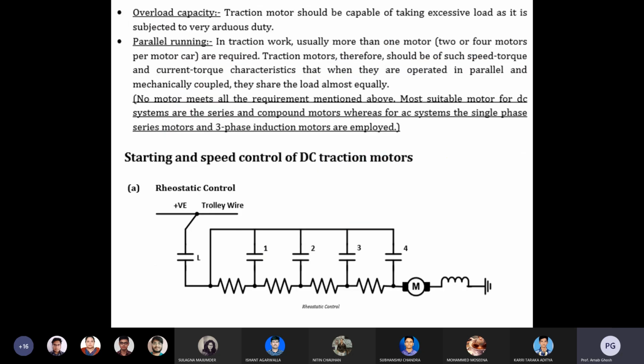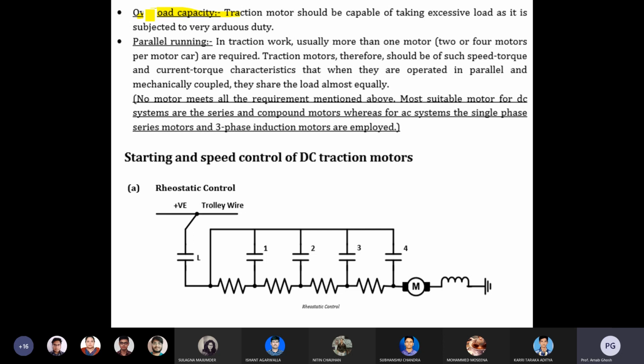Another important thing is overload capacity. Load is normally defined as the component drawing the current. Overload means overcurrent is continuously being drawn by the devices.